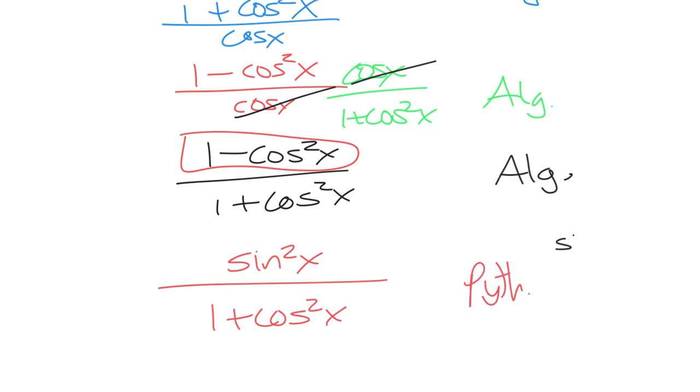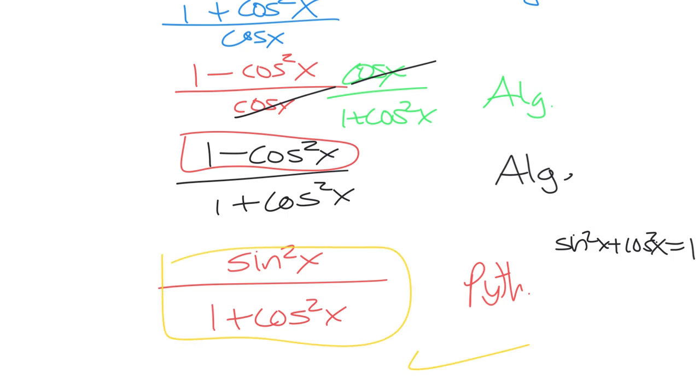Just remember that sine squared of x plus cosine squared of x is 1. And if I subtract cosine squared to the other side, it's 1 minus cosine squared, which is sine squared. That's what we did. We substituted that in. And that's that Pythagorean identity. Therefore, we have verified our identity.